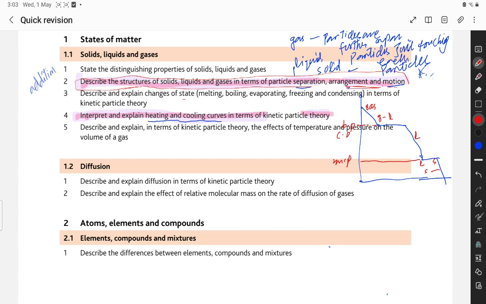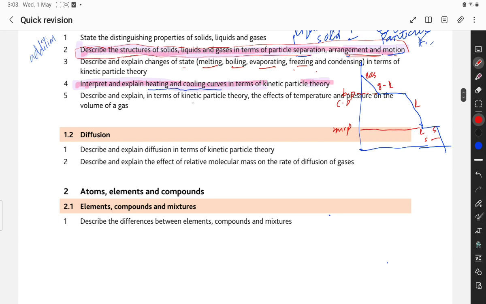This is in terms of heating and cooling curves, and you should explain in terms of melting, boiling, evaporating, freezing and condensing.